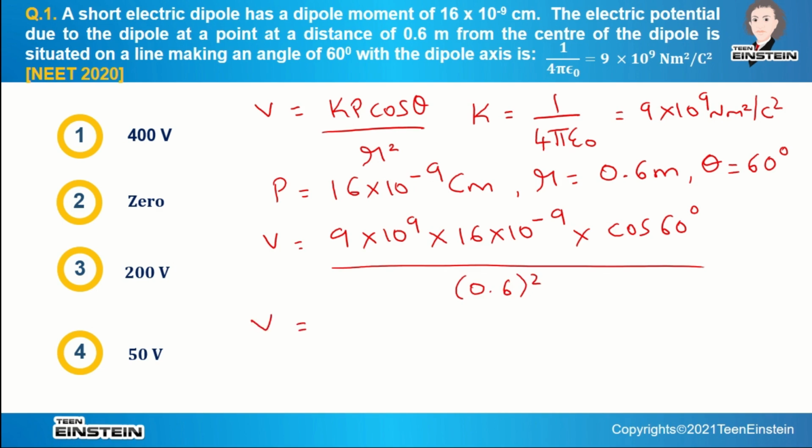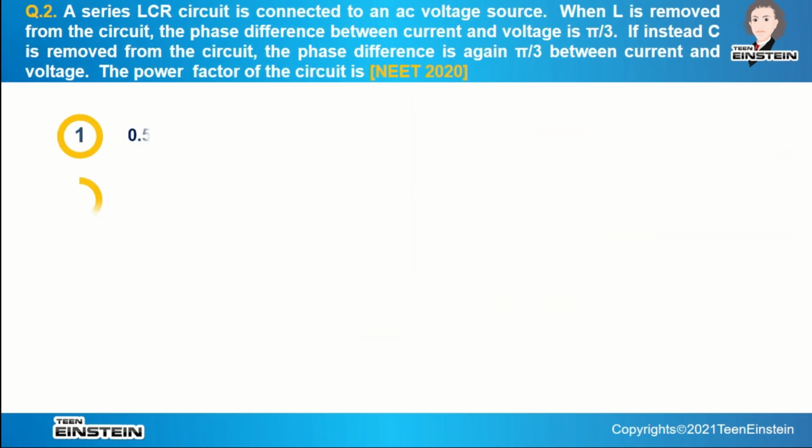On solving this, you will get the potential value as 200 volt. So the correct answer is option 3, 200 volt. Now we'll move on with the next question.